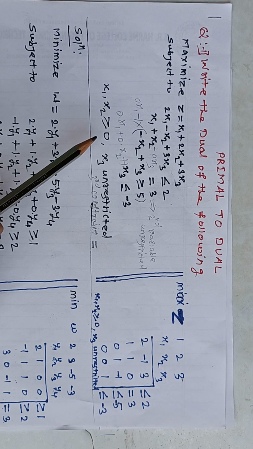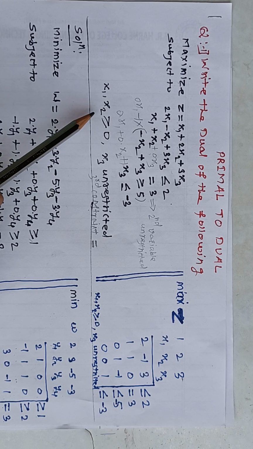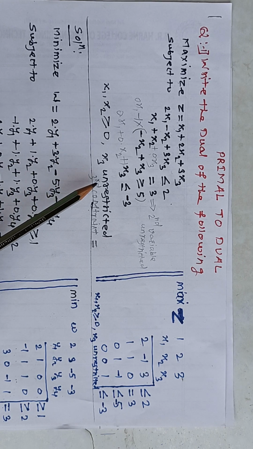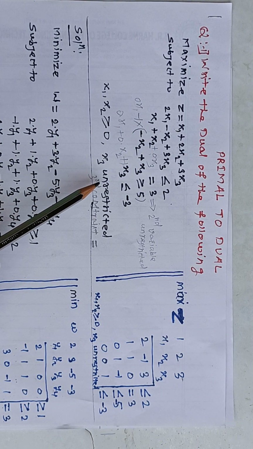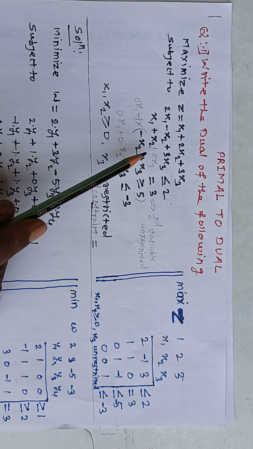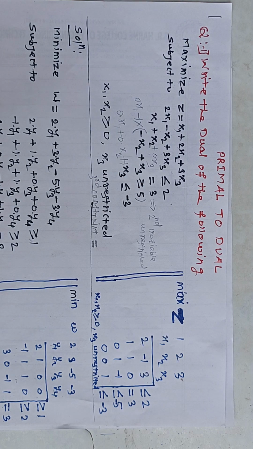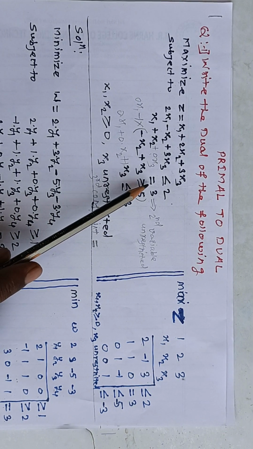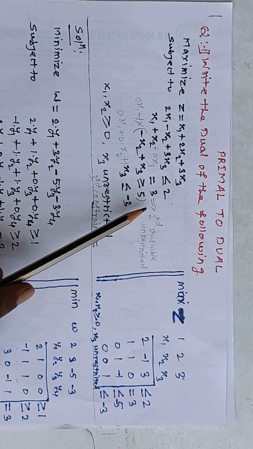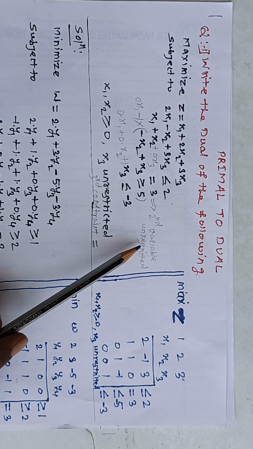Then you have to concentrate on these restrictions: x1, x2 ≥ 0 and x3 is unrestricted. Here in the primal problem, the third variable is unrestricted and the second constraint is an equation, which has an equal to sign. Now this equal to sign in a constraint implies the second variable in the dual will be unrestricted.